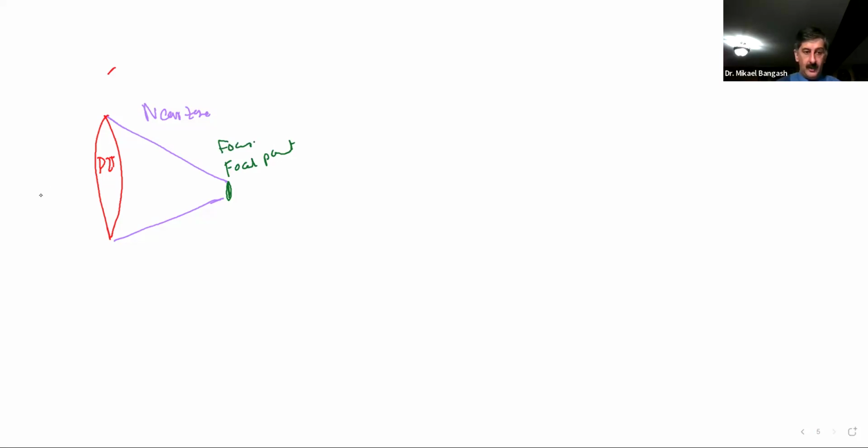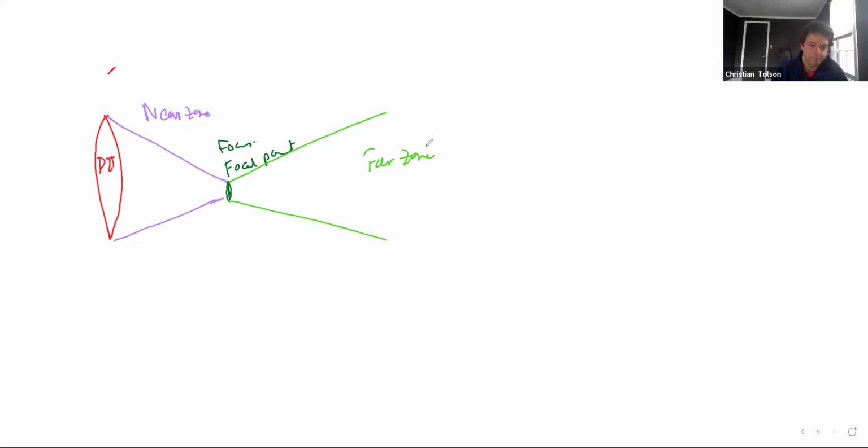After which the beam is going to diverge out, and we call this the far zone. Did you guys get that? Good.